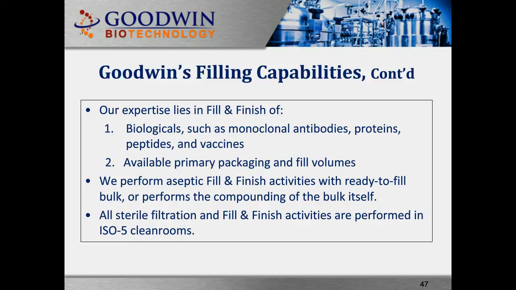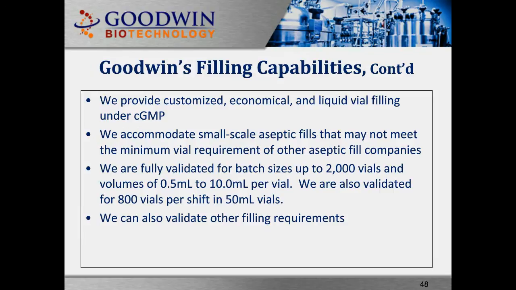Available primary packaging and fill volumes. Goodwin performs aseptic fill and finish activities with ready-to-fill bulk or performs the compounding of the bulk itself. All sterile filtration and fill finish activities are performed in ISO 5 clean rooms. Goodwin provides customized, economical liquid vial filling under cGMP conditions.